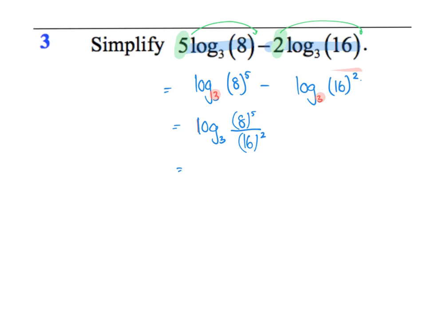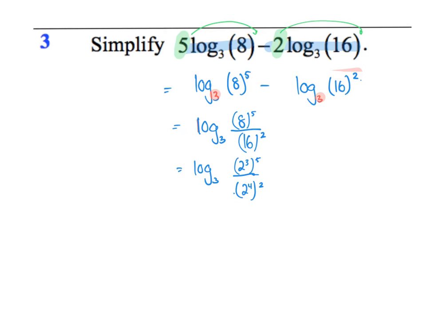Now, we need to deal with these numbers, and these numbers are a little bit big if I was trying to just work that out. But when I see 8, I often see 8 as 2 to the power of 3. Is that not right? Yeah? And I see 16 as 2 to the power of 4. Is that cool? Are you happy with that?